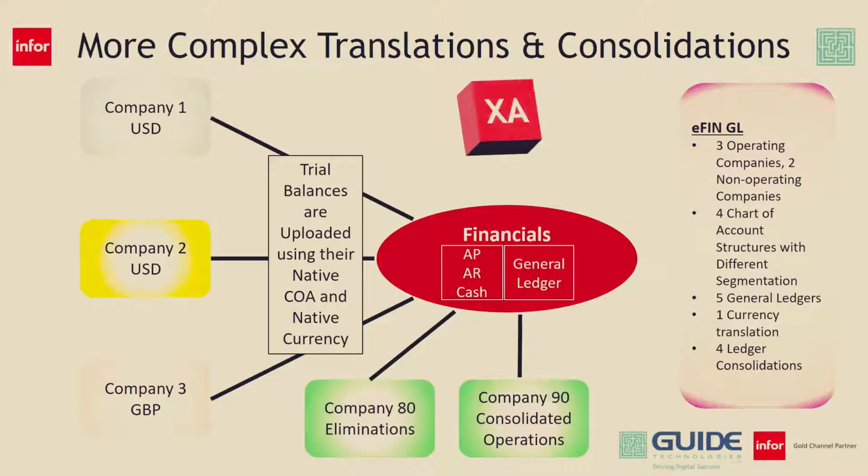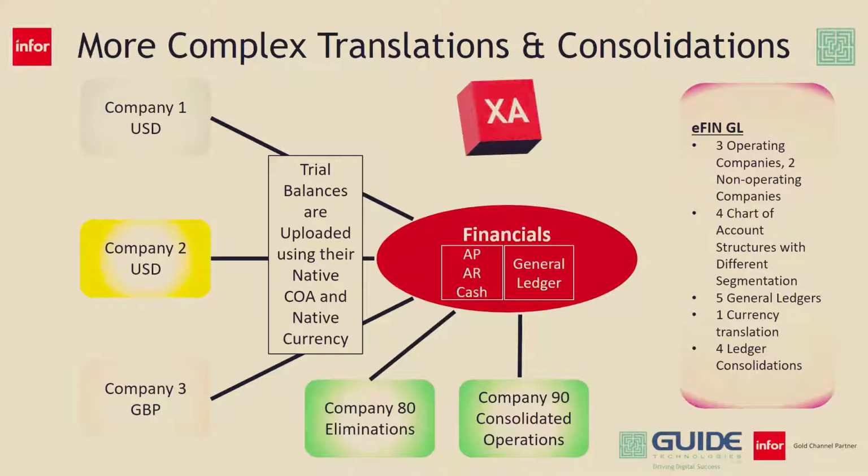But in eFin, we set up 3 companies, 2 in US, 1 in Great British Pounds, and we uploaded their trial balances using Excel in their native chart of account structure and native currency. Now, this is really key when you're a finance person and you're talking with the head of operations.